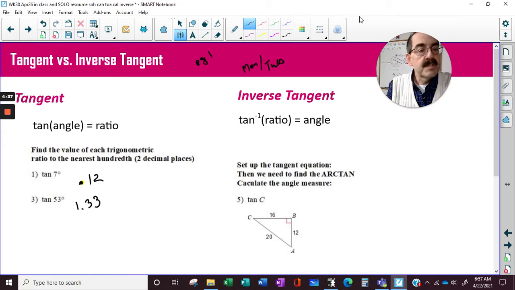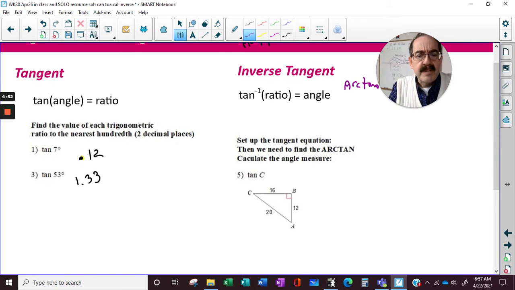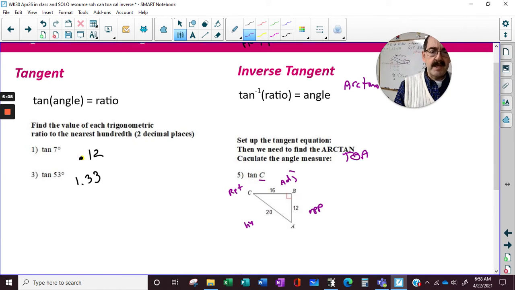Okay, now here's the learning for the week. This idea of inverse tangent, this idea of arc tangent. Okay, everybody, on your sheet of paper we need to find TOA, the tangent of C. So label the reference, OPP, ADJ, HYP.